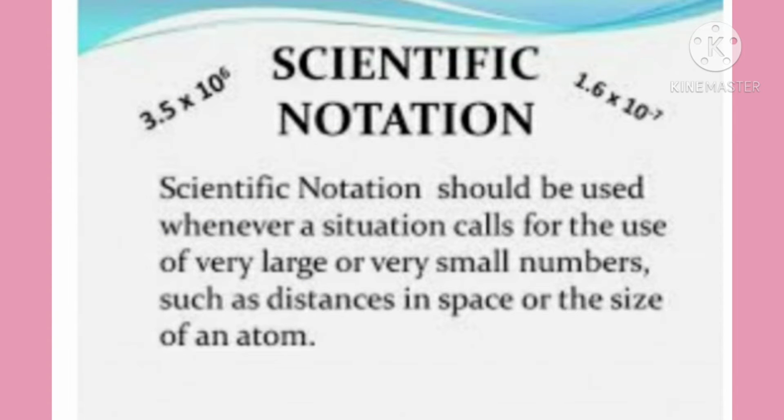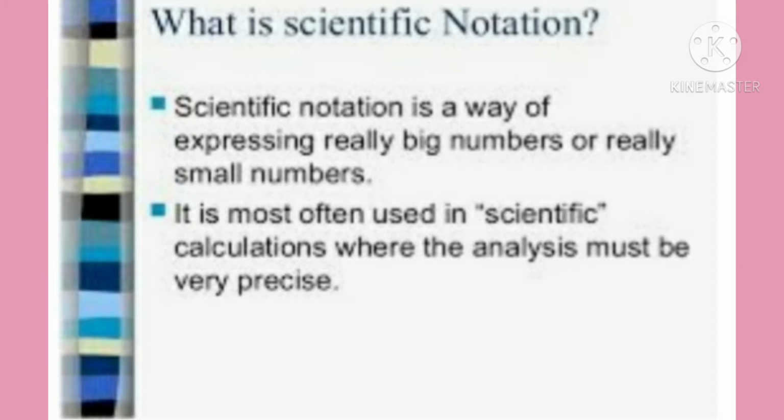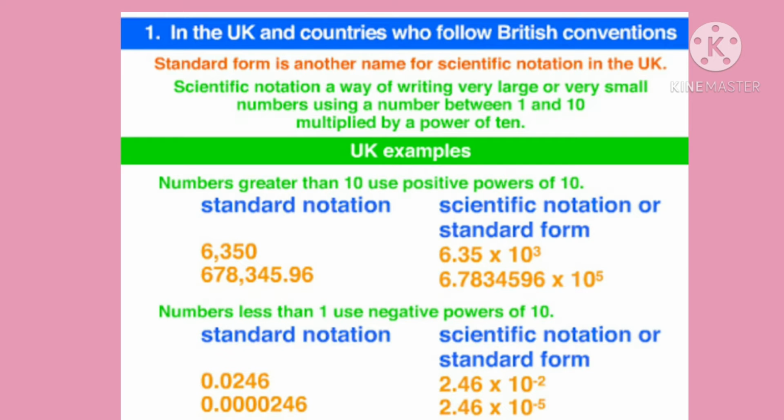Scientific notation should be used whenever a situation calls for the use of very large or very small numbers, such as distance in space or the size of atomic particles, dealing in science, as scientific calculations where the analysis must be very precise and accurate. Now, children, in the UK and countries which follow British conventions, scientific form is another name for scientific notation.